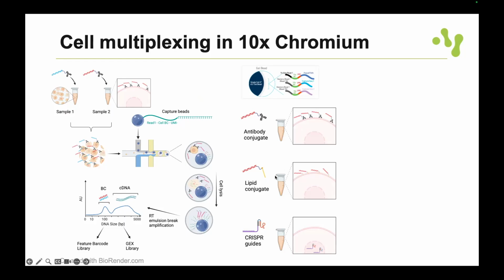And another way to use this technology is with CRISPR guides that you have introduced to your cells, and those could be captured by the feature barcode as well. And 10x developed it so that not only do they have the oligo-dT to capture the mRNA molecules, you also have two different capture sequences in later iterations of their kits.